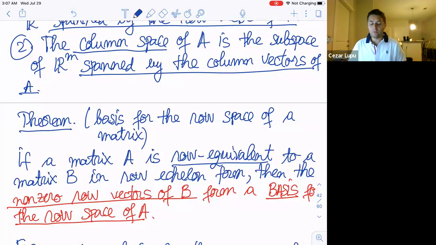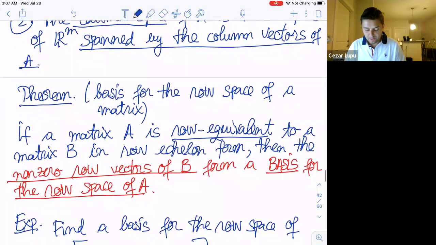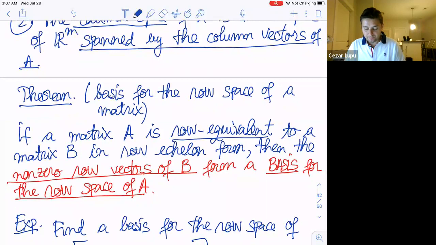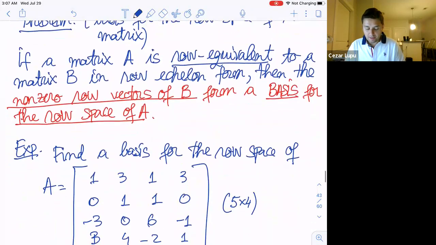So if A is row equivalent to a matrix B in row echelon form, then the non-zero row vectors of B form a basis for the row space of A. This is very important, and we will use this theorem for our purposes. And let me give you an example.